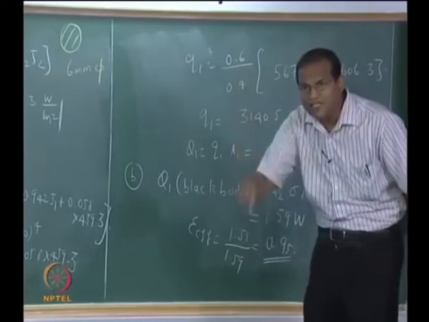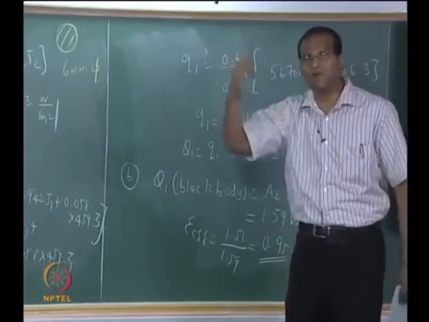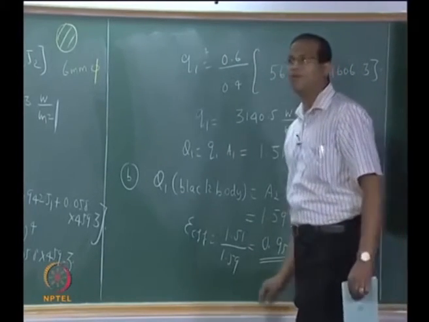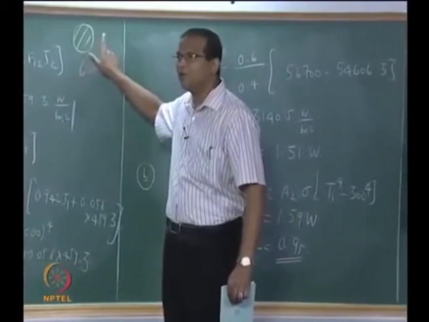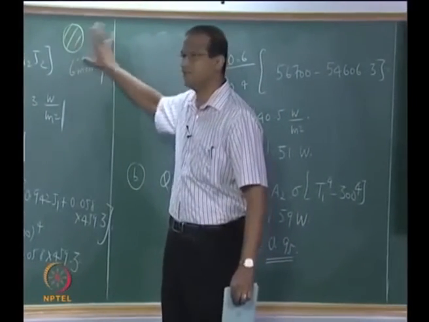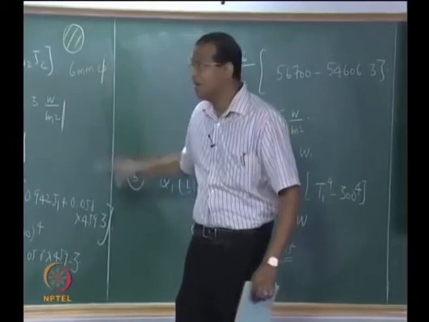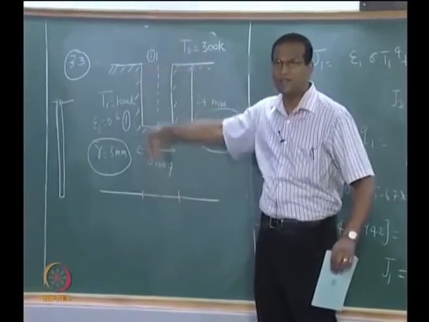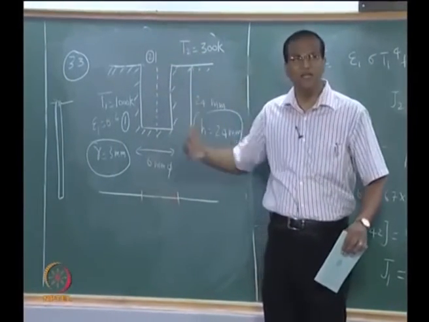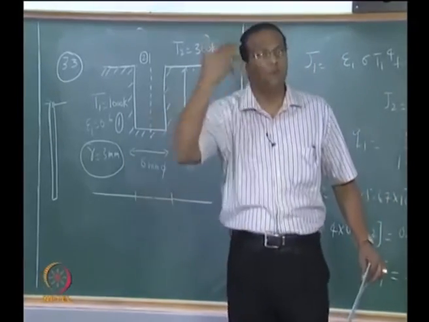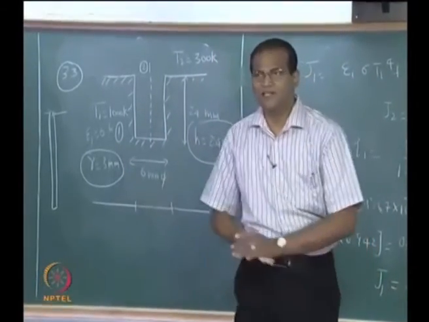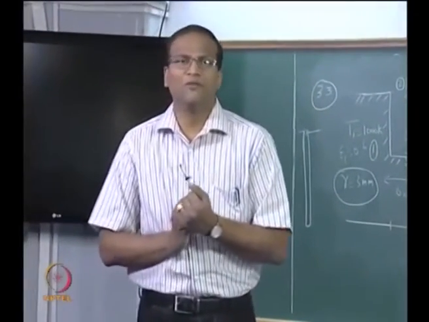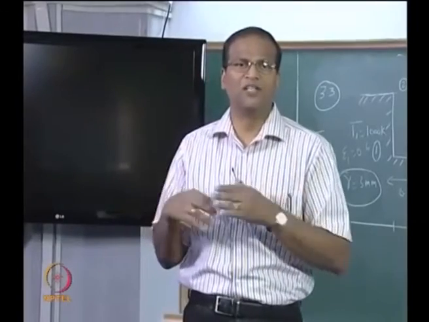So, if I keep on increasing the depth further it is possible for me to reach the asymptotic limit of 1.59, but never will I be able to exceed sigma T to the power of 4 minus T infinity to the power of 4 into pi d square by 4. Okay. All this increase of the effective area because of the increase in the depth is only helping me overcome my deficiency of having a poor emitter of 0.6, because it is very difficult to get a black body, and suppose from 0.6 to 0.9 I have to put some costly coatings or something.